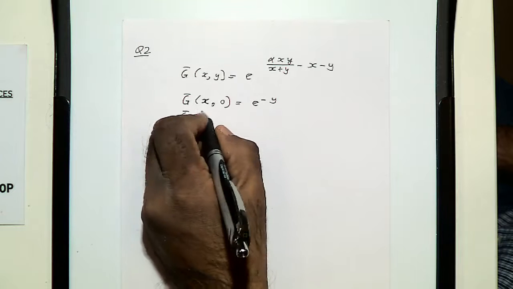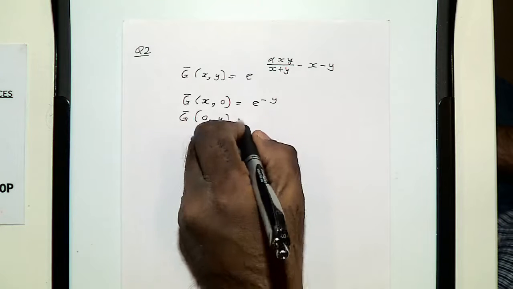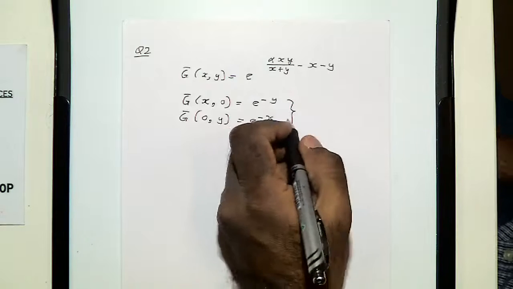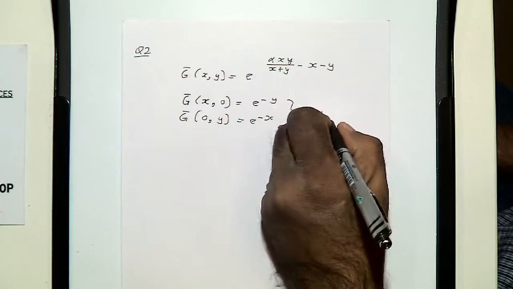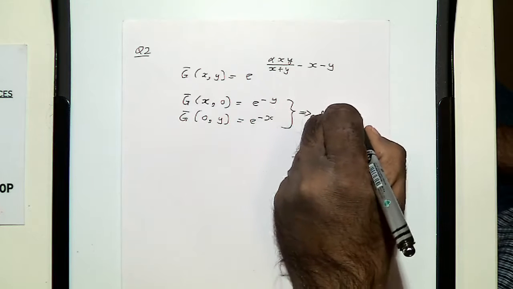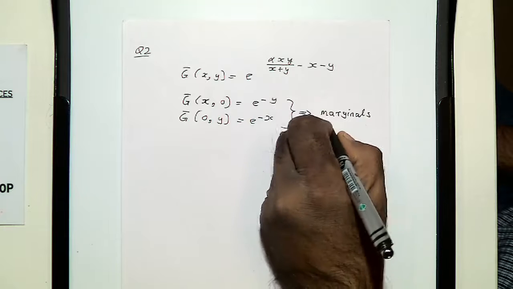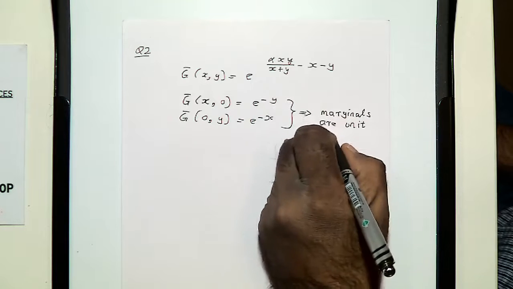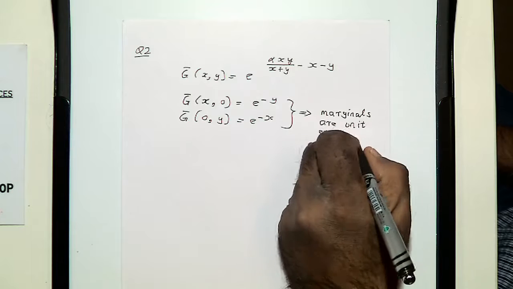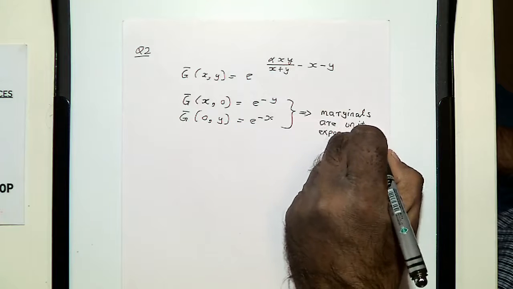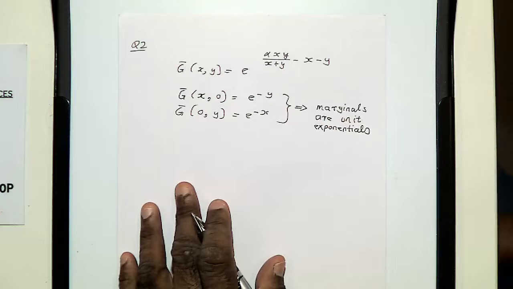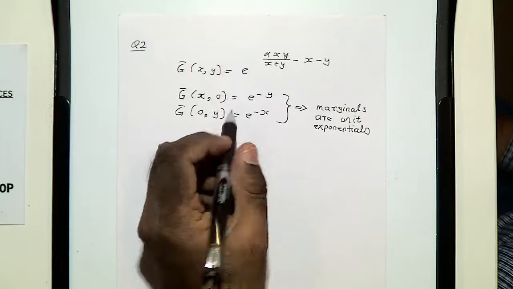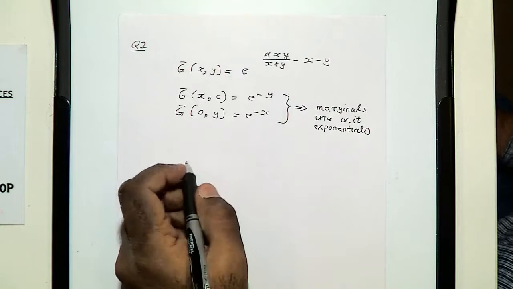And if you put x equal to 0, you get e of minus y. So these two imply that the marginals are unit exponential. So what we need to do is express this in the form of the fourth representation.